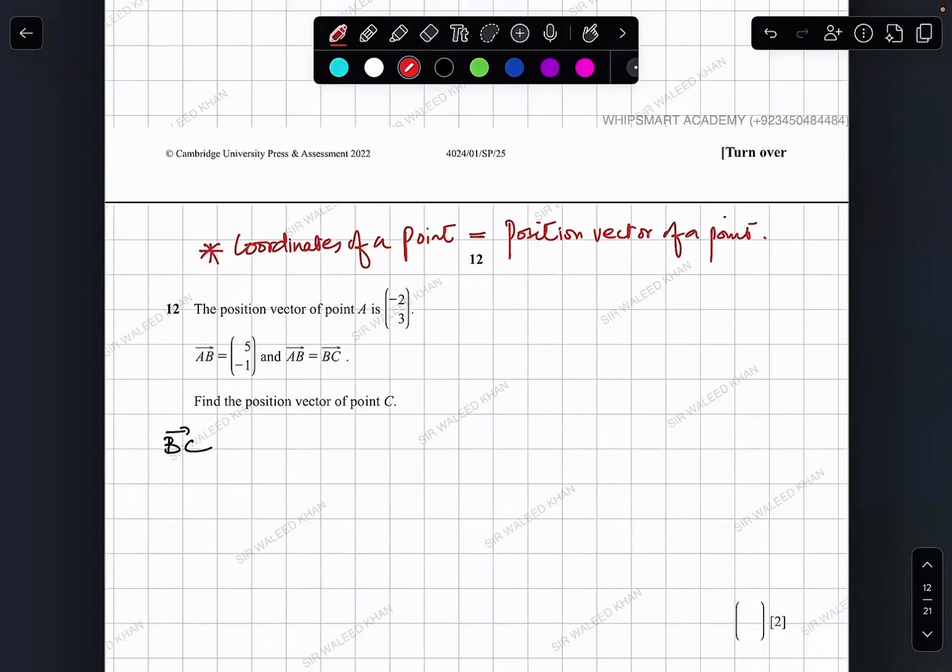I thought they were asking the coordinates of points. So even if in a question they say find the coordinates of point C, you find the position vector of point C, and that is your coordinates, right? In any particular instance, if they ask coordinates of C, it will be the same as the position vector.